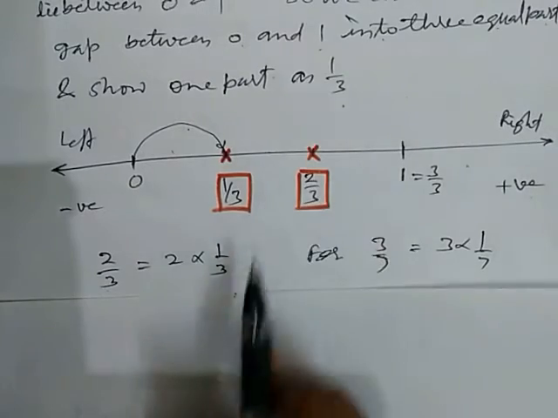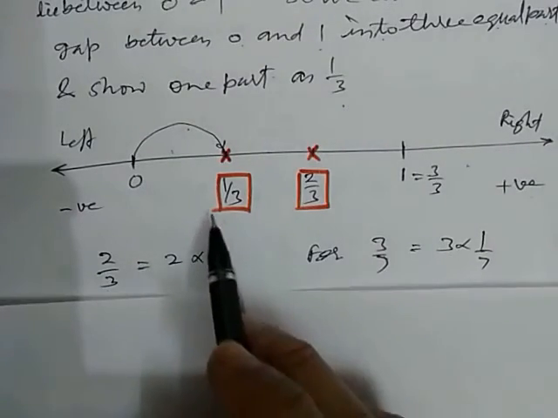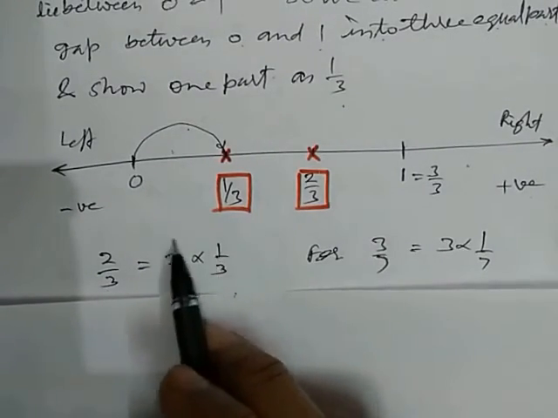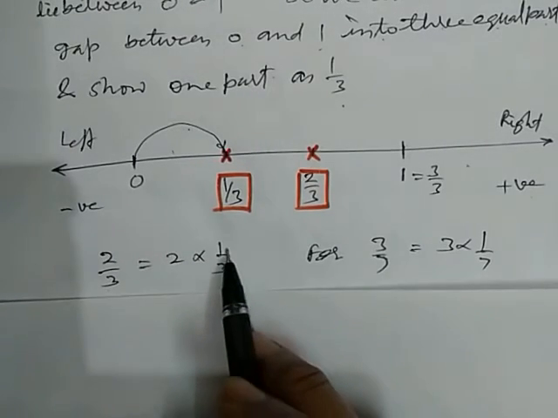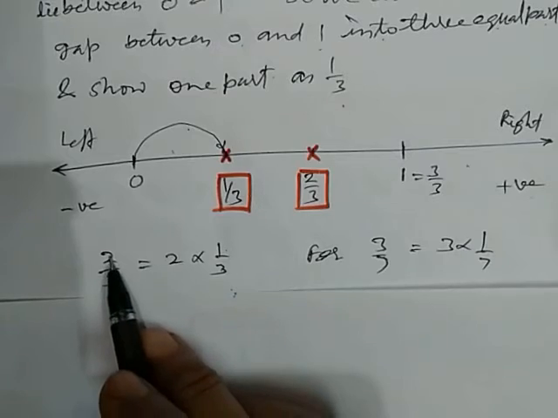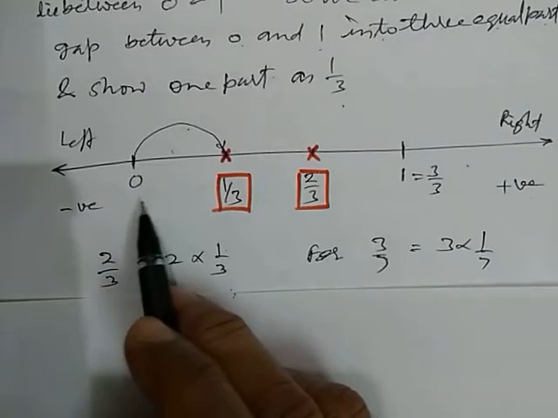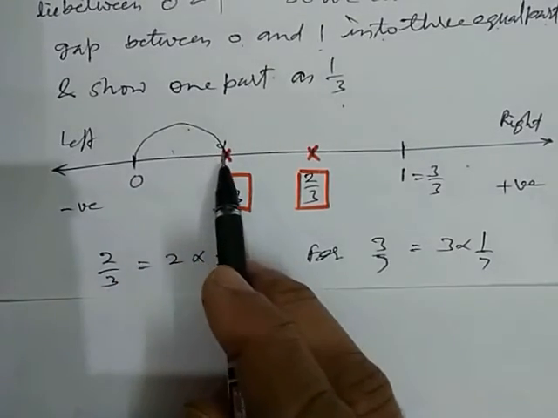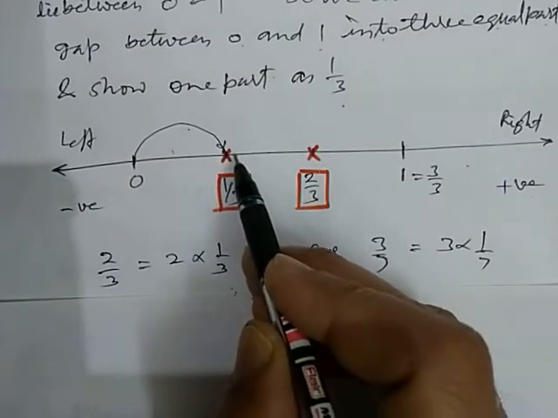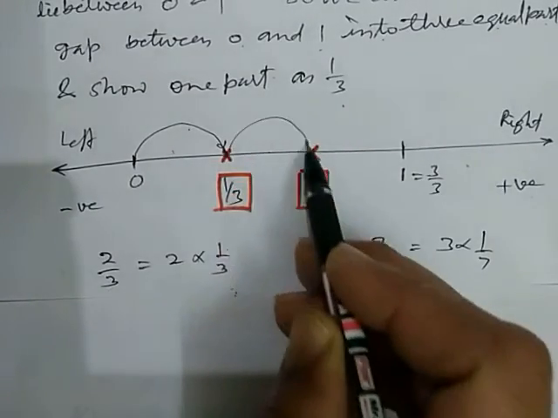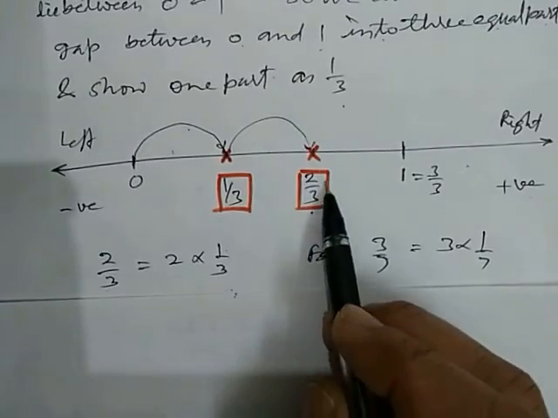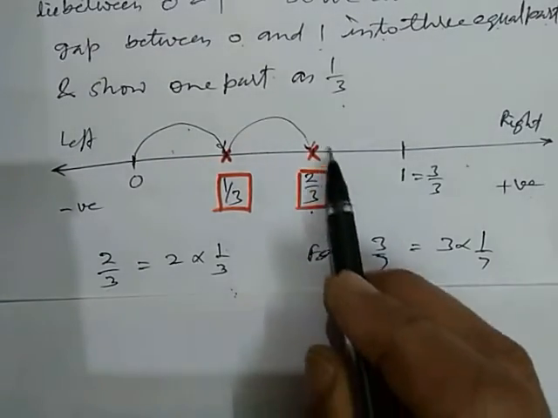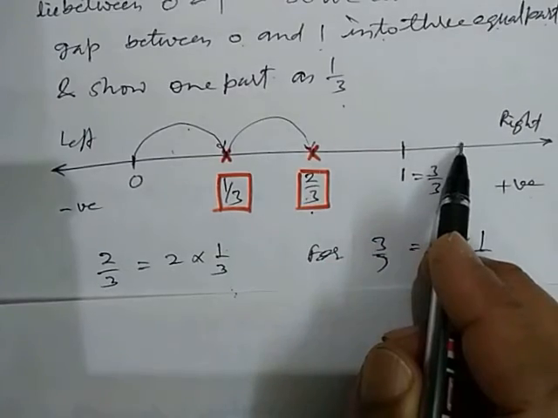So if we consider 2 same parts, each of them 1 by 3, then we receive the value 2 by 3. So we start counting 1 and this is the 2. This way we reach 2 by 3, and we can represent 2 by 3 on the number line.